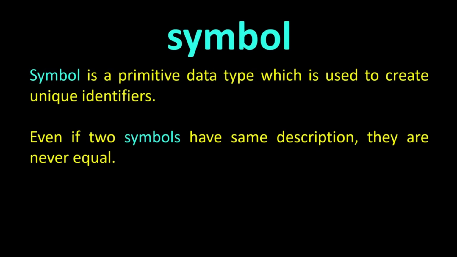Next data type we have is symbol. Symbol is a primitive data type which is used to create unique identifiers. Even if two symbols have the same description, they are never equal.